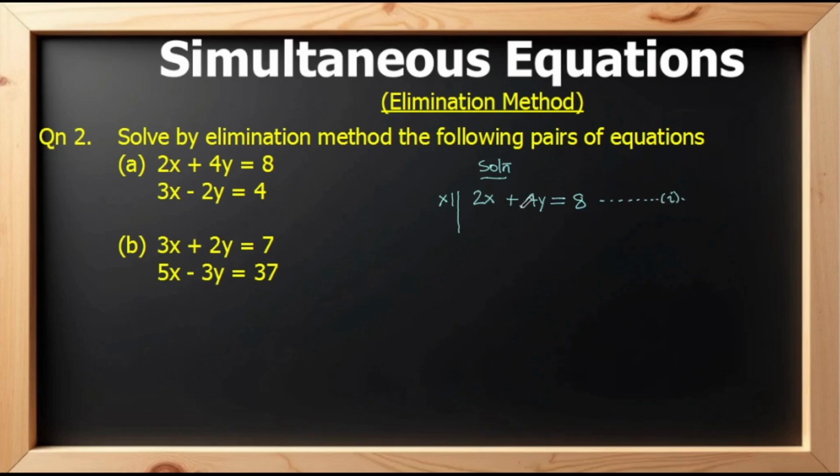Then equation number 2, for us to get 4, here we need to multiply this equation by 2. So we say times 2, and the equation to be multiplied is 3x minus 2y equals 4. And of course that is equation number 2. So let's multiply these equations and then we see what next.